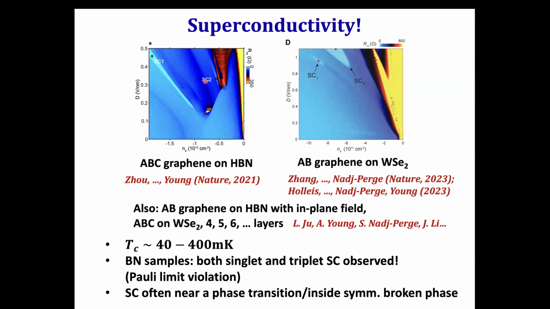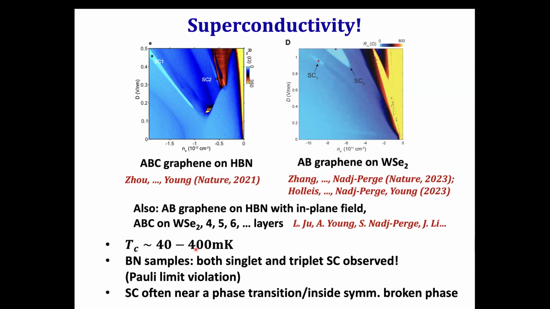This has a tiny out-of-plane critical field of a few millitesla or 10 millitesla, but the in-plane field is at least a Tesla and probably more. So that suggests that when we don't have a lot of spin-orbit coupling, we can distinguish sharply singlet and triplet superconductivity. And it turns out that in these systems, you can get either a singlet or a triplet superconductor, depending on where you are in the phase diagram.